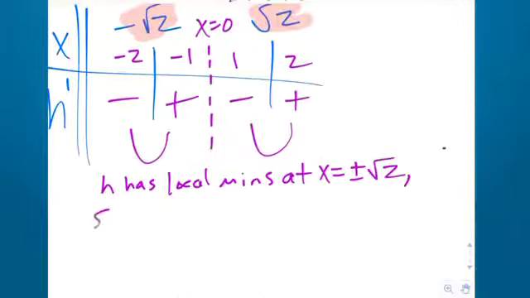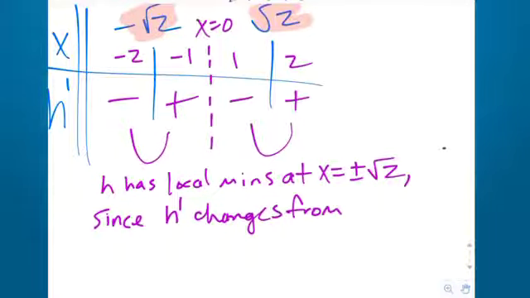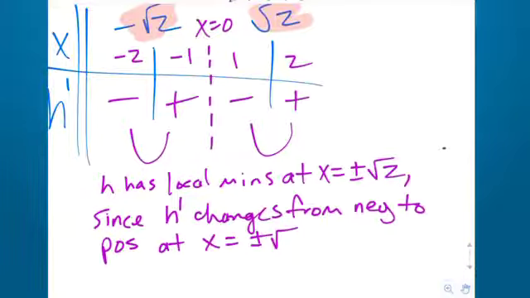Comma, since h prime changes from negative to positive at x equals positive or negative square root of 2. Good. So you do say it twice. Because you're saying here's where they occur, because that's also the place where they change signs of h prime in this fashion. Okay? And there you go. That's going to get it.